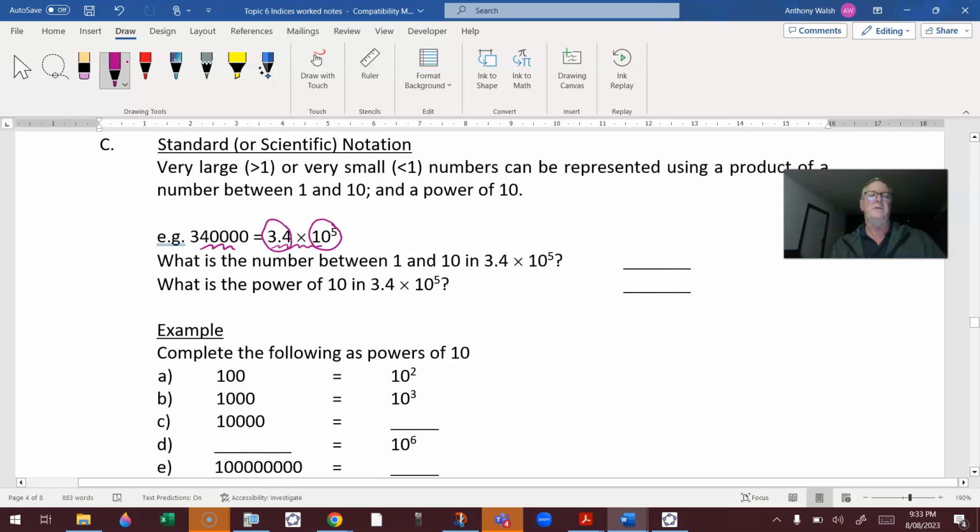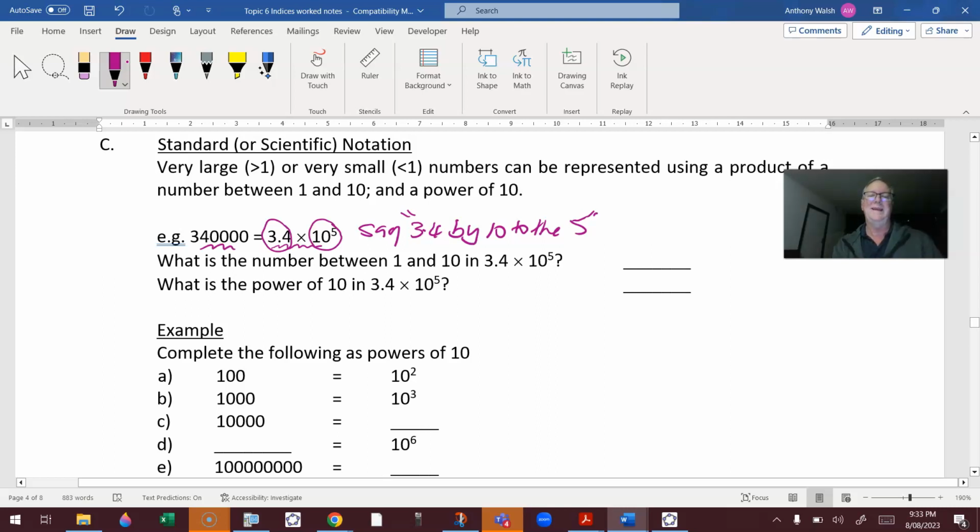So we write it like this: 3.4 times by 10 to the 5, but we say 3.4 by 10 to the 5. So write it one way, say it another way. So that's a product of 3.4 and 10 to the 5.